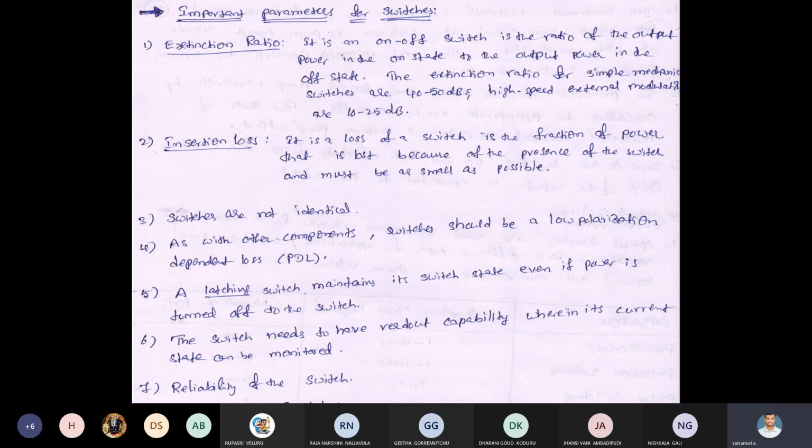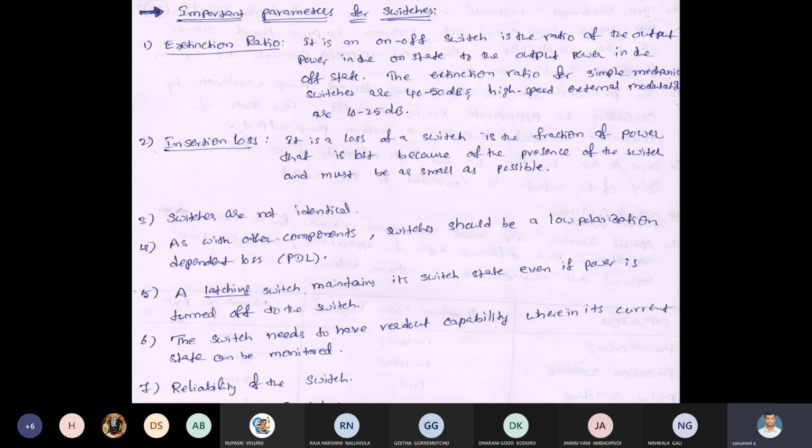Next one is insertion loss. It is also called attenuation. How much power is lost between input power and output power? It is very small. The switches should be identical, have low polarization dependent loss, maintain the latching condition, and have readout capability.